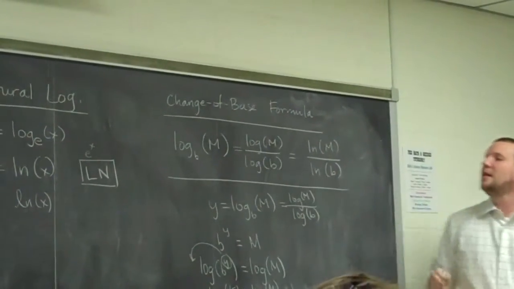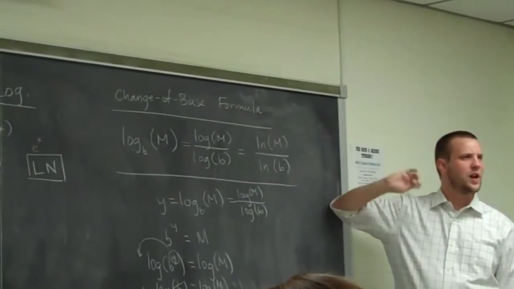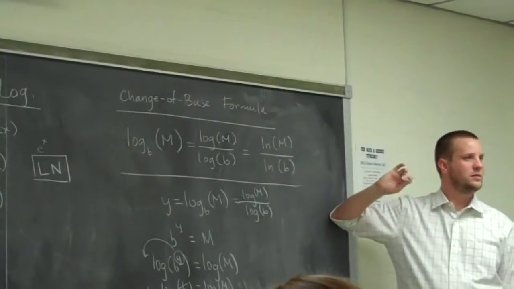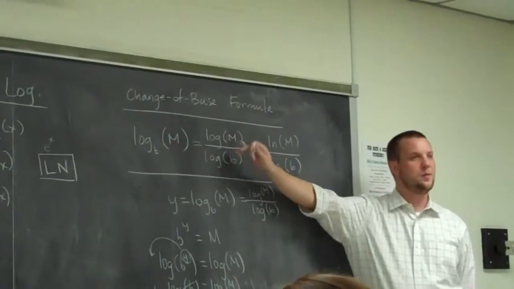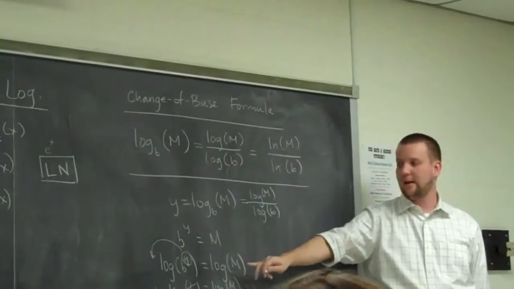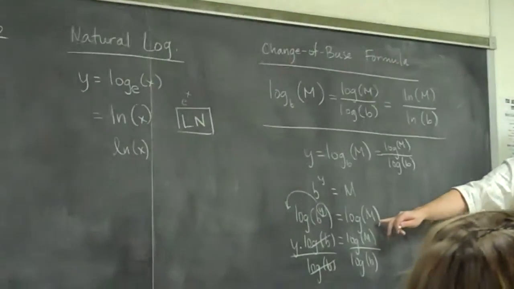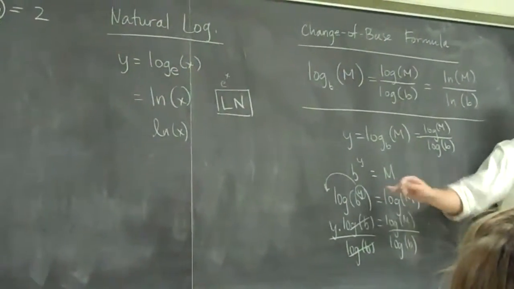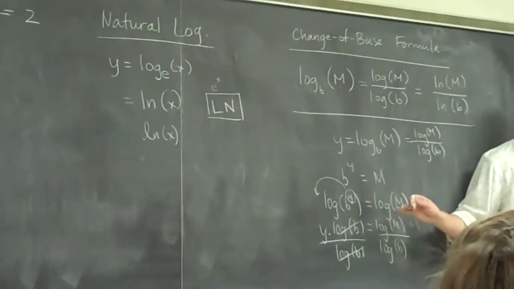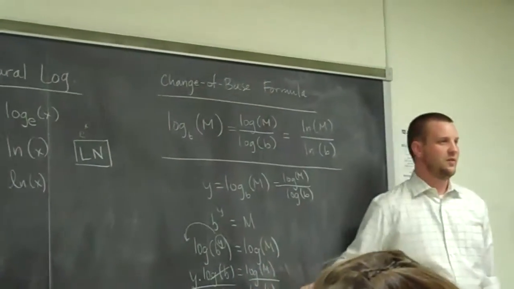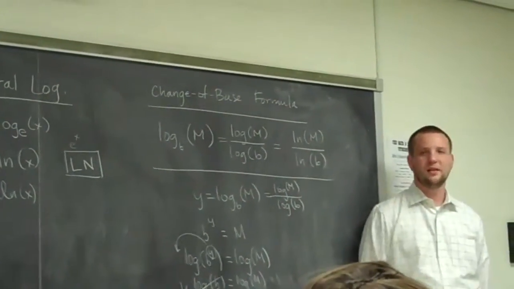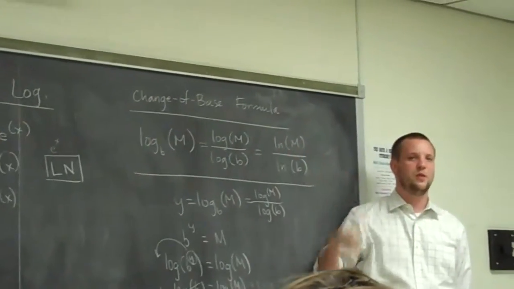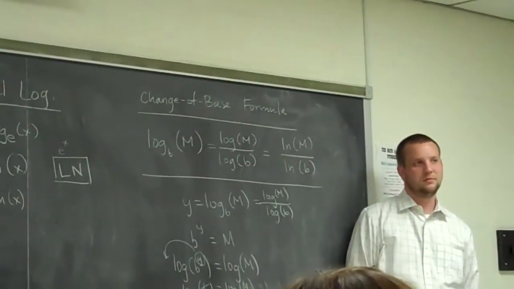Okay? All right, if you want to verify this. Oh, so why does this work for natural logs as well? Well, why did it work for common logs? Does anyone remember the trick? Right here. I just took the common log of both sides. What if instead of taking the common log of both sides, I took the natural log of both sides? Then everything is natural logs instead of common logs, and you end up with that same sort of answer. Okay?